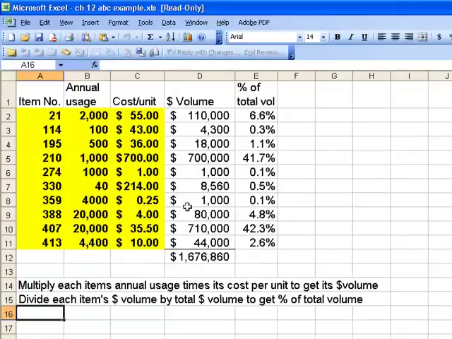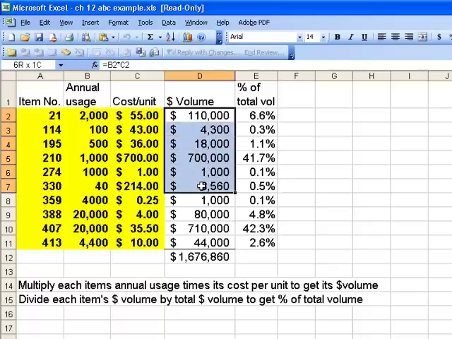What we've got to do is figure out the dollar volume for each one of these items, and again, the dollar volume is the annual usage times the cost. So for item 21, the dollar volume would be 2,000 times 55, or $110,000. After we've figured out the dollar volume for each of our items, we then convert that to a percentage.